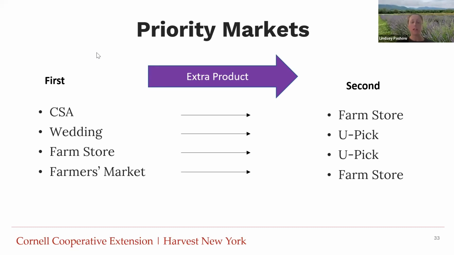The example I'm going to give is individuals that were purchasing a CSA. They provided the farm with the funds in the fall. They expected, the next summer, to have beautiful vegetables that they would pick up at their CSA, going to the farm every week.